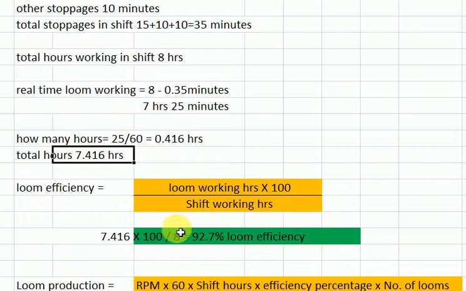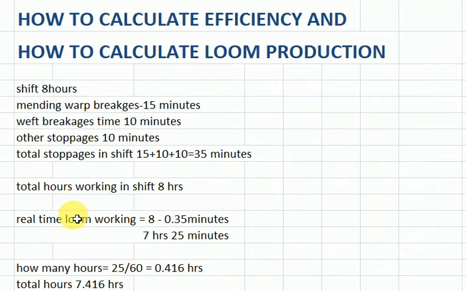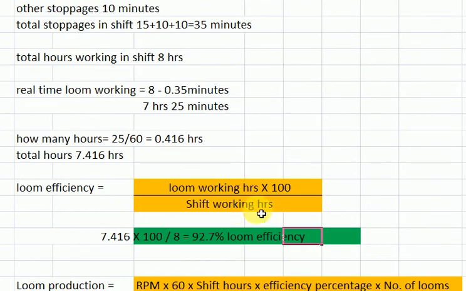So here we get 92.7% efficiency of loom working. So this is how we can calculate the efficiency of the loom. This is the calculation method for the efficiency percentage.